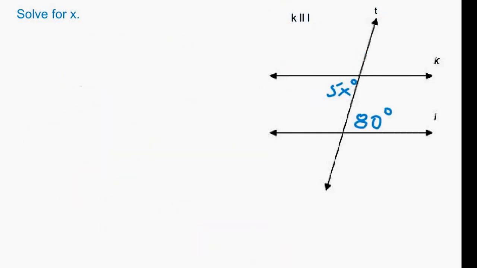All right, same idea here, but this time I have a different picture. We have 5x and 80, so I want to identify this pair of angles and their relationship. I notice that the 5x is on the left side of the transversal and the 80 is on the right side. When angles are on opposite sides of the transversal, we call that alternate.